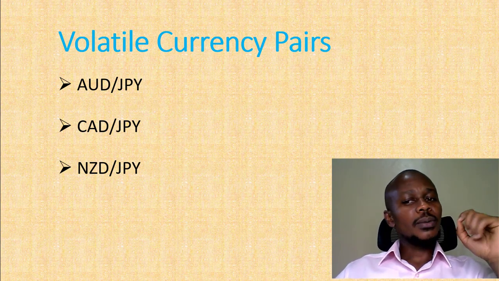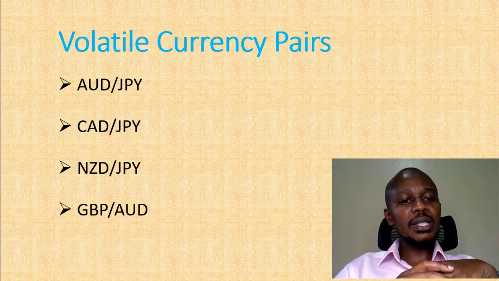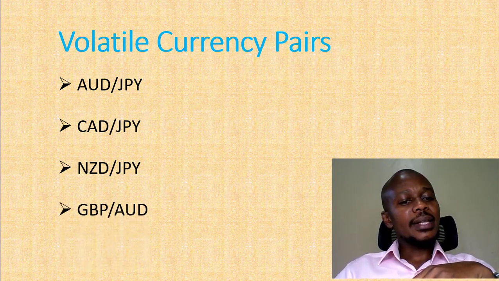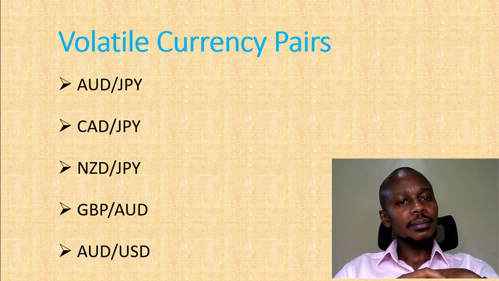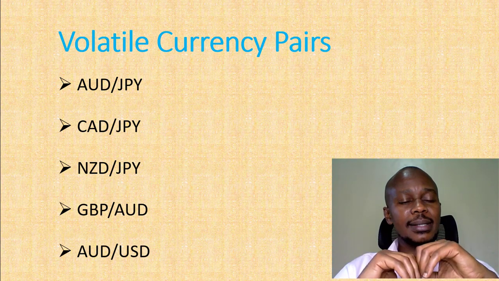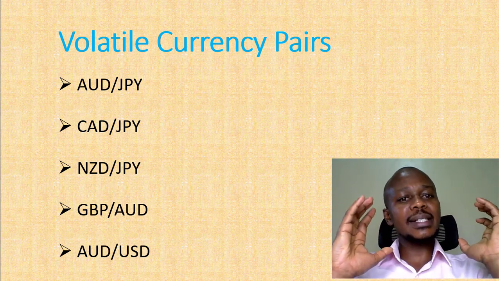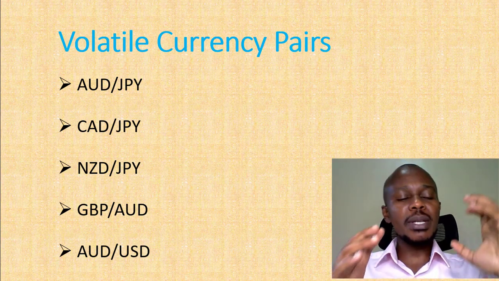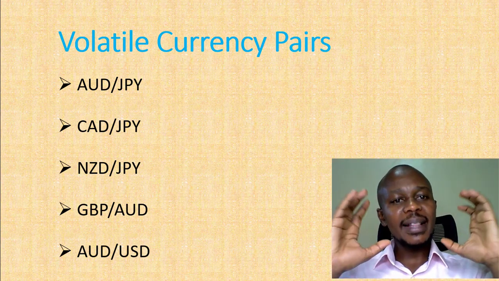The fourth one we are going to look at is the sterling pound and the Australian dollar. And then we also have Australian dollar and the US dollar. So these five are the topmost volatile currencies. We also have other volatile currencies, but when you look at these five and you monitor their movements, you will find they appear at the topmost.